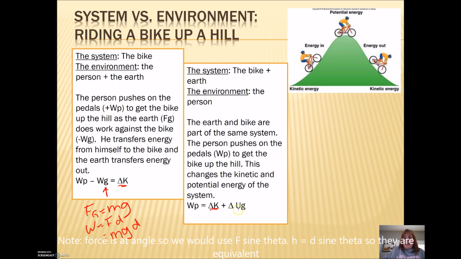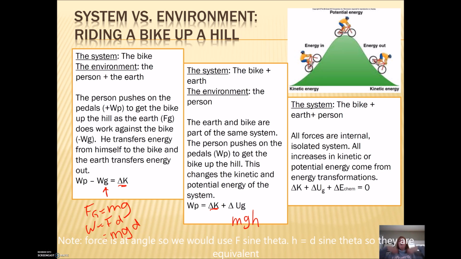And here, the equation for gravitational potential energy is mgh or mgy, or just the height. So the work done by the force of gravity really looks like gravitational potential energy. So it's not like we have a different equation. It's just really how we classify the energy transfers versus the transformations.